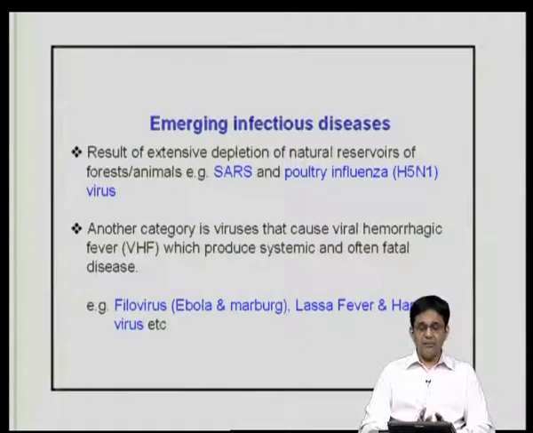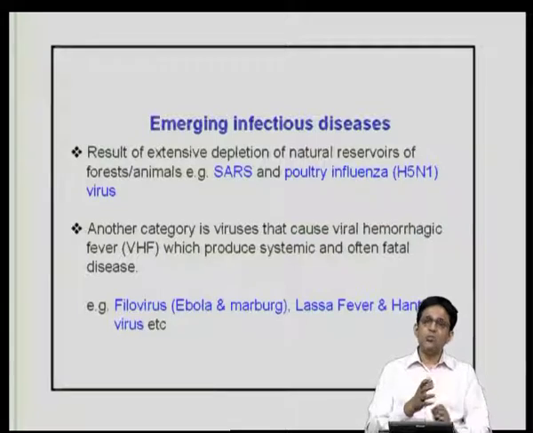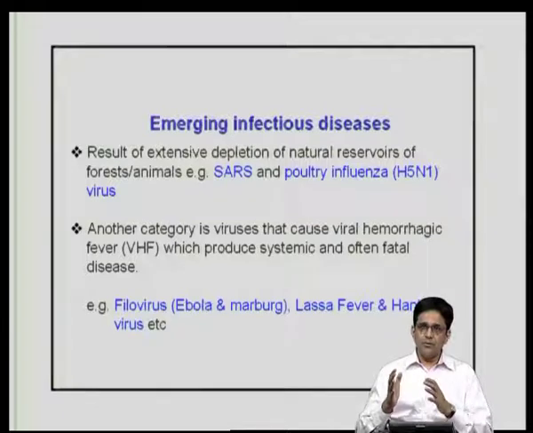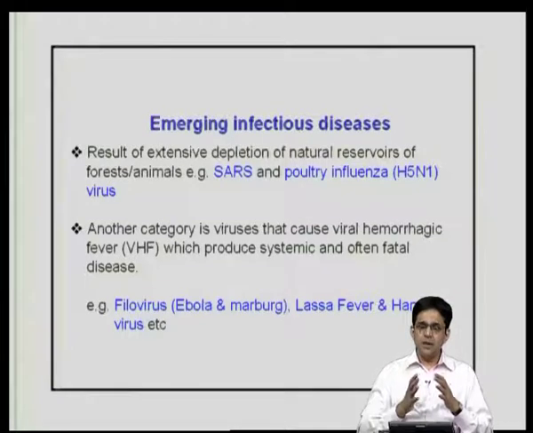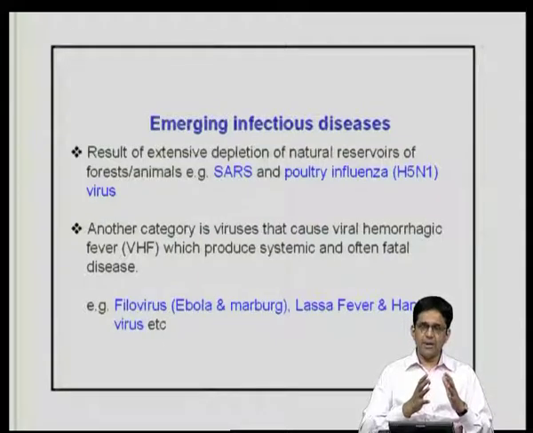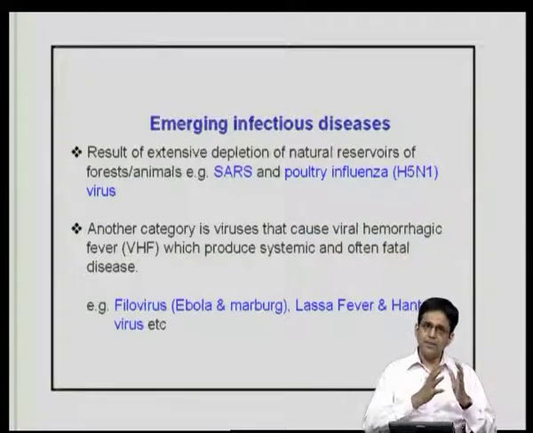If you remember, in the last class I gave you an excellent example of what happened to the endogenous American Indian population, who were never exposed to Mycobacterium tuberculosis or Mycobacterium leprae before. When the Europeans invaded or entered America for the first time, they came along, they also brought with them diseases.